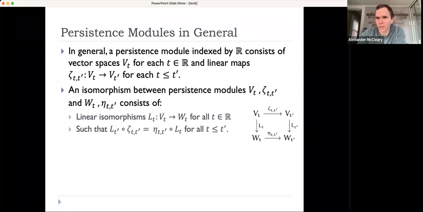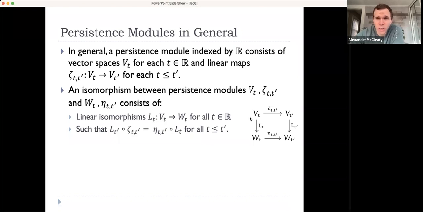So we have this linear map here. But now we also have a linear isomorphism from V_t prime to W_t prime, and that gives us this map here.